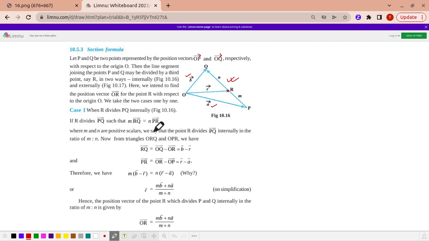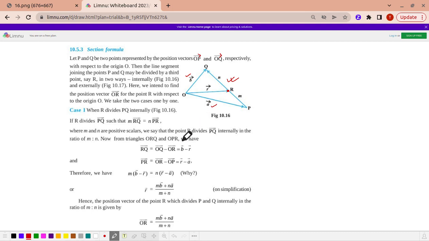So let R divide PQ in such a manner that m times RQ is equal to n times PR, where m and n are positive scalar quantities. We say that R divides PQ internally in the ratio m is to n. That is, PR is to RQ is equal to m is to n.